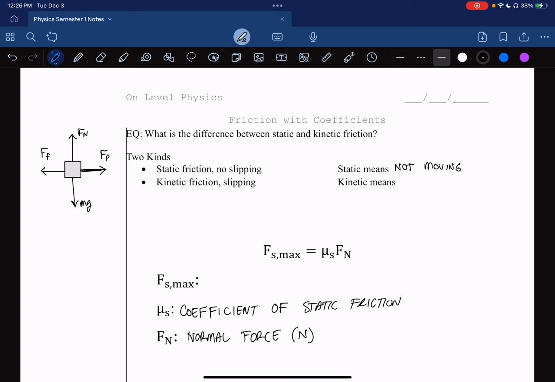And I'll briefly explain what the coefficient of static friction is. It's basically a number that's determined by the two surfaces in contact. So I want you to imagine a dresser in your bedroom. Let's say it's made out of wood, and let's say your floor is tile. Well, that number would be some number typically less than 1, might be, let's say, 0.4.